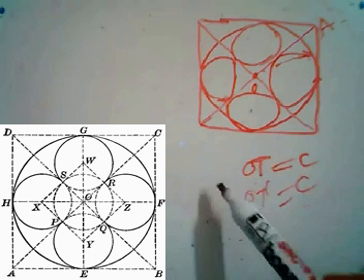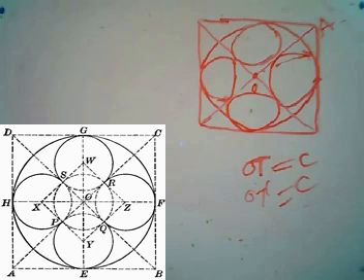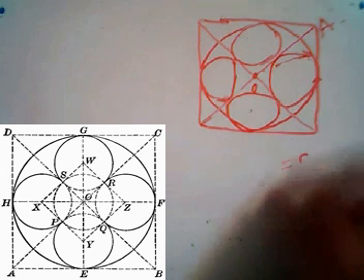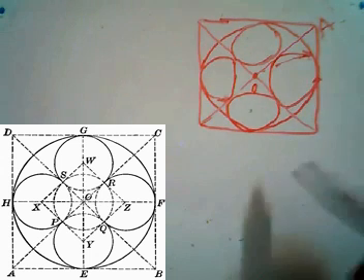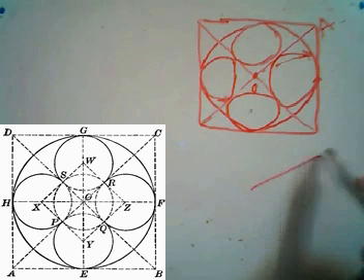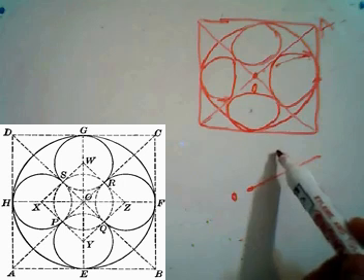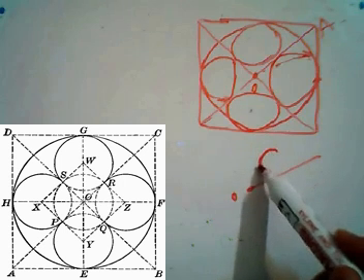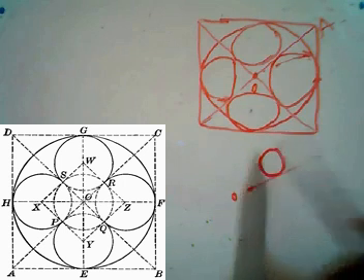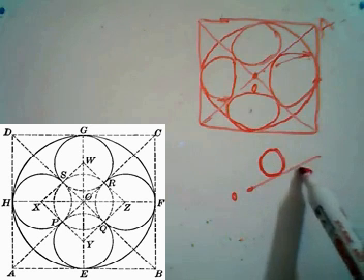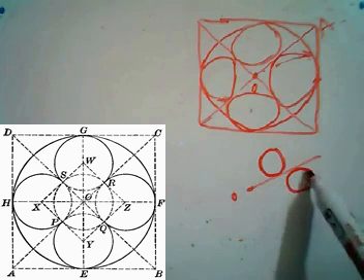For more, let me explain it a bit more. We got a line OA, this is O, and we got one circle tangent to it and another one tangent below.